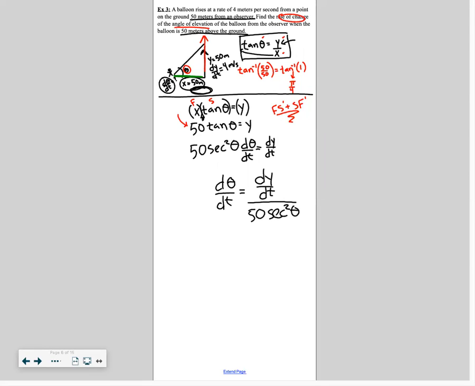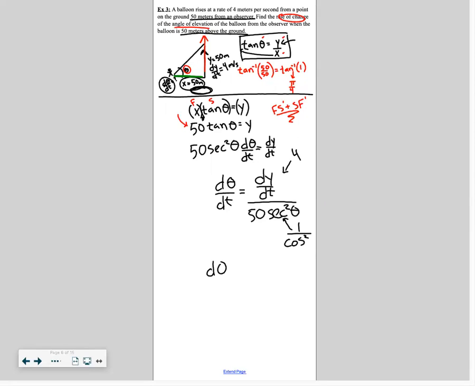We have our dy dt, right? That's going to be 4. 50 is our constant. Secant, let's change that to cosine because that's going to help us use our calculators. Secant squared is technically 1 over cosine squared.